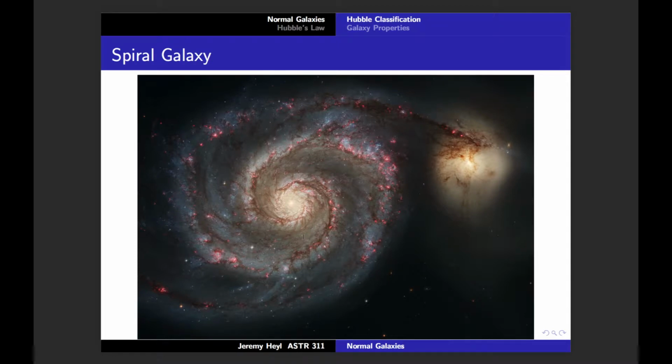So here's a very pretty spiral galaxy. This is imaginatively called the Whirlpool Galaxy. I think it's also M81, Messier 81. So here we see a very dramatic spiral structure.